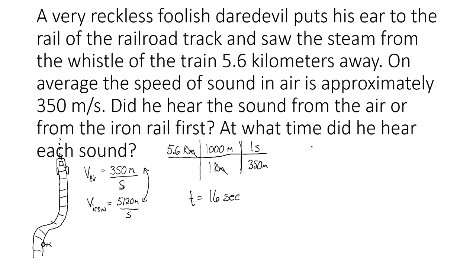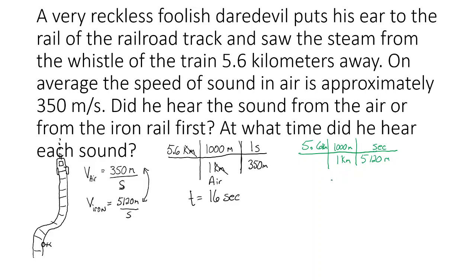Now let's do the same process. So this is for air. Let's do the same process this time for iron. So we'll get 5.6 kilometers. And again, we're going to multiply by the 1,000 meters. Then we're going to do 5,120 meters per second.